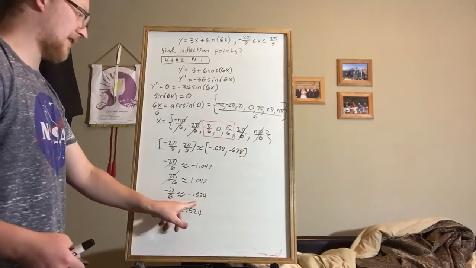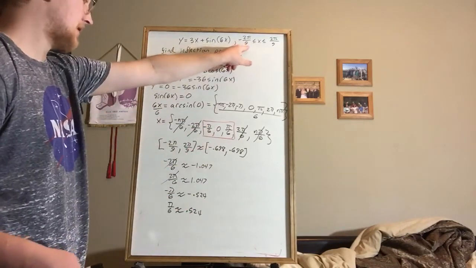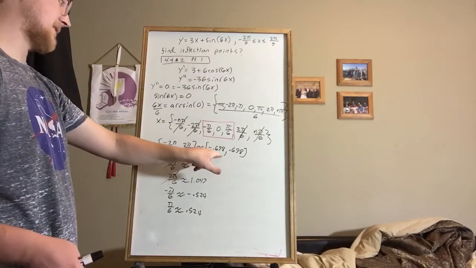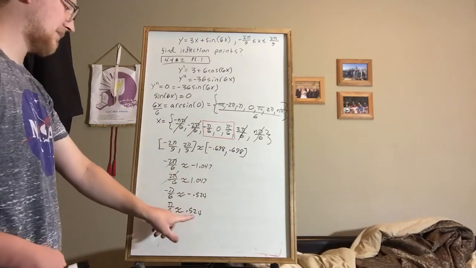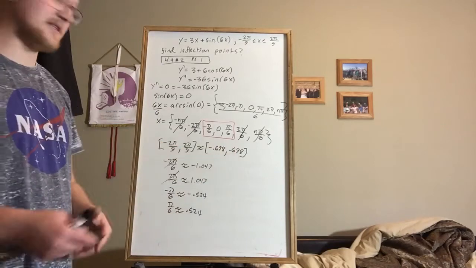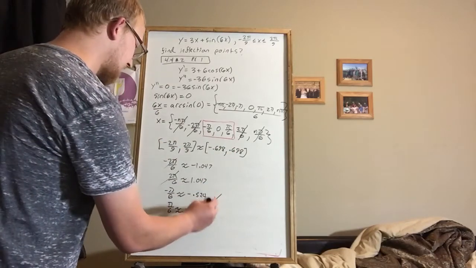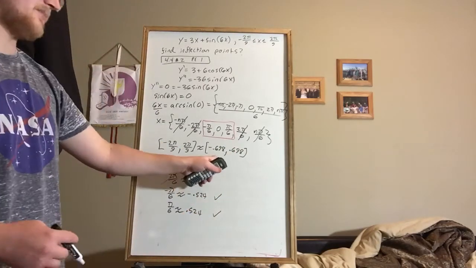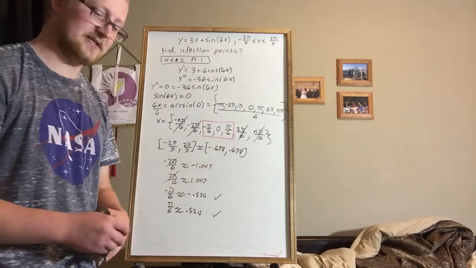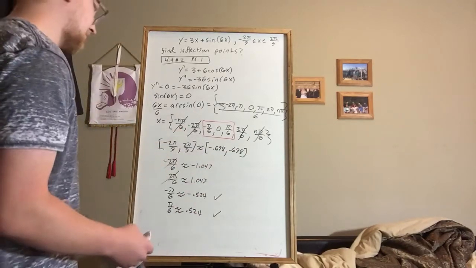Now negative 0.524 lies within our negative 0.698 to 0.698 interval, and 0.524 also lies within this interval. So these are good values. And of course 0 lies between negative 0.698 and 0.698, so we don't even need to check that one.